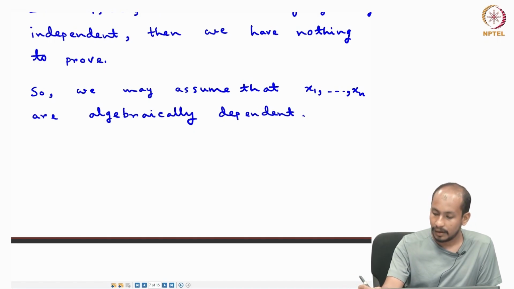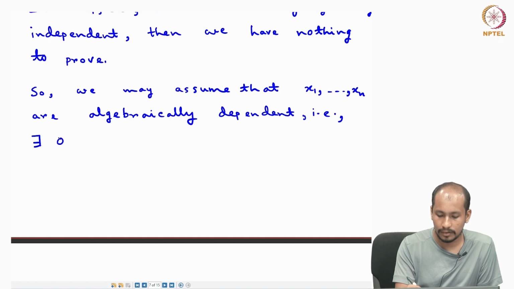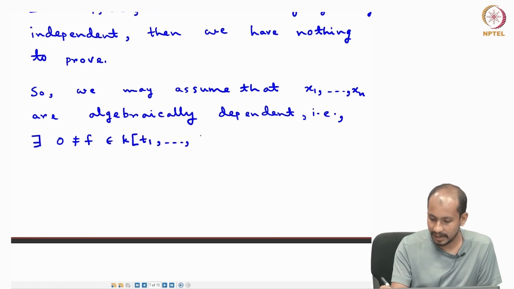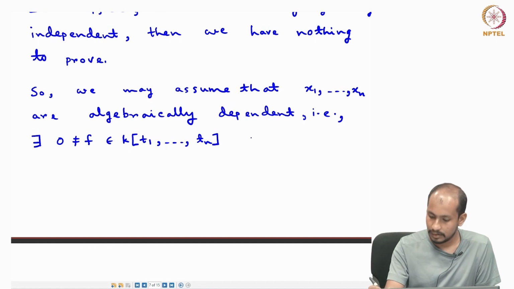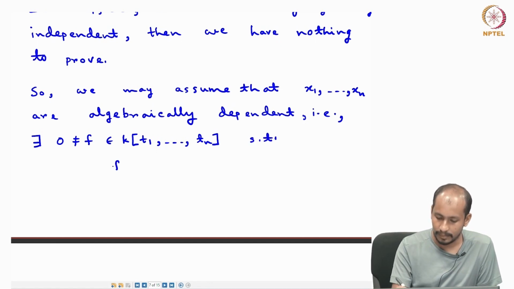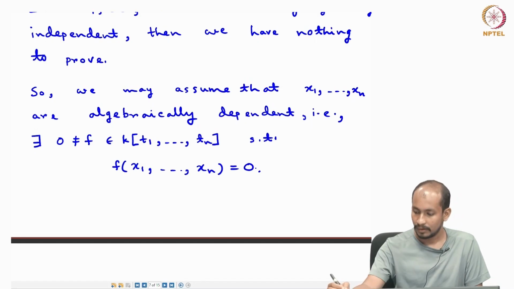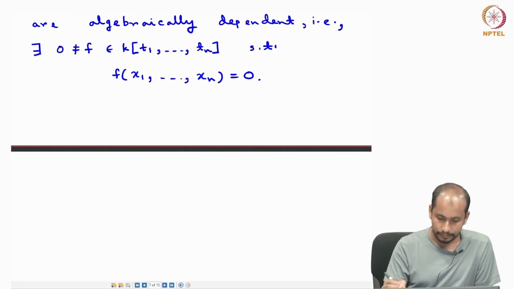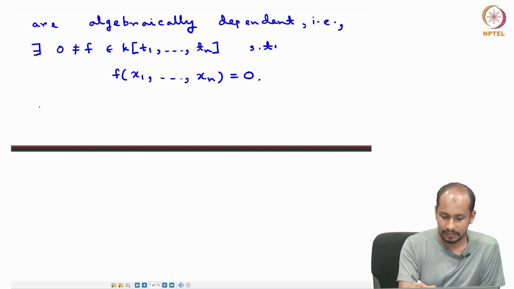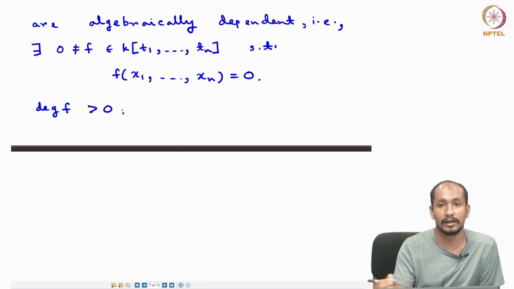It means that there exists a non-zero polynomial f inside K[t1 up to tn] in n variables such that f(x1 up to xn), when we evaluate, is 0. Now, from here it is immediate that the degree of f has to be strictly greater than 0.